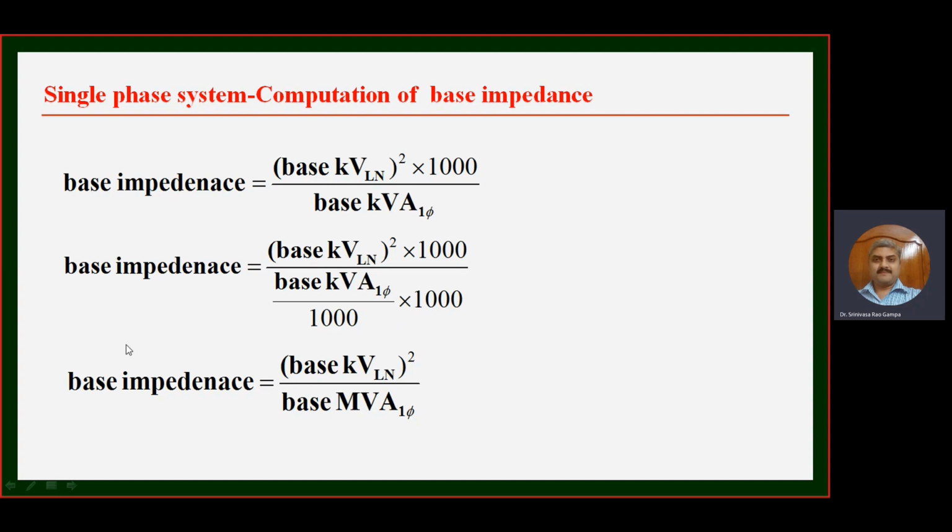So finally the base impedance value is derived as base kVLN whole square by base MVA. This is the derivation of the base impedance. So the voltage should be expressed in kilovolts and the power rating must be expressed in megavolt amperes. Then the base impedance can be calculated directly.